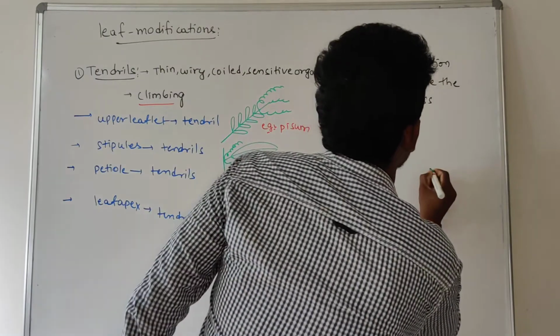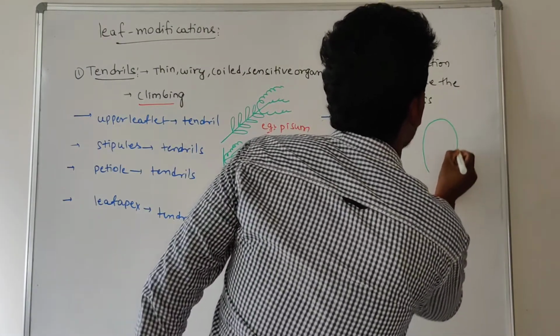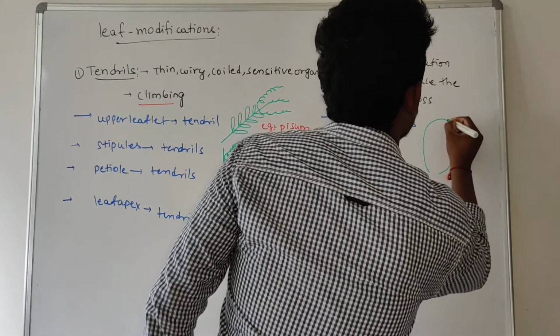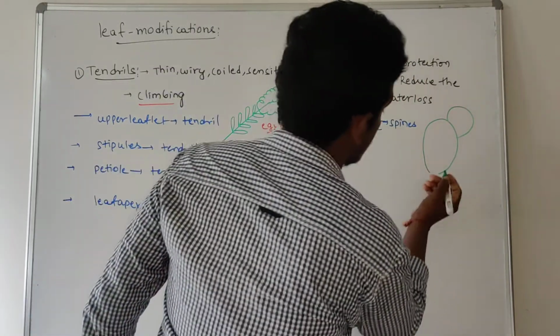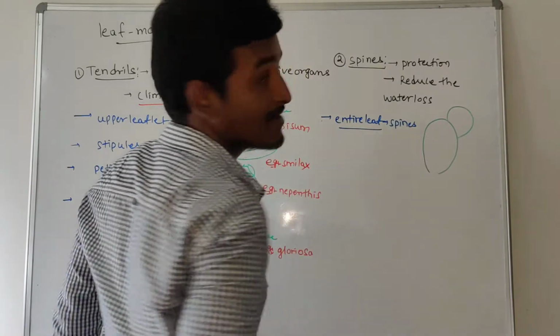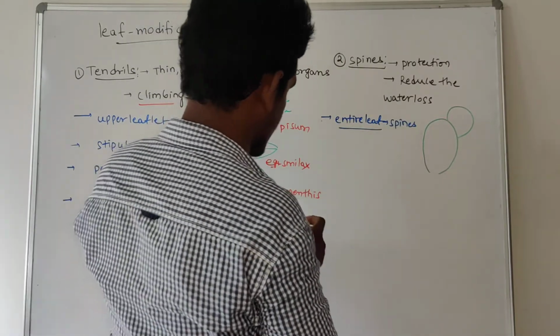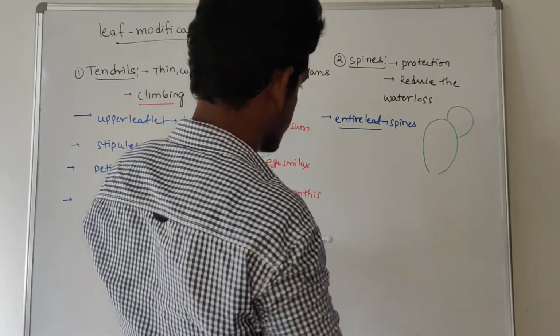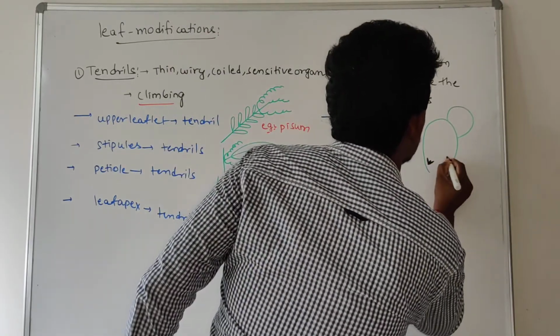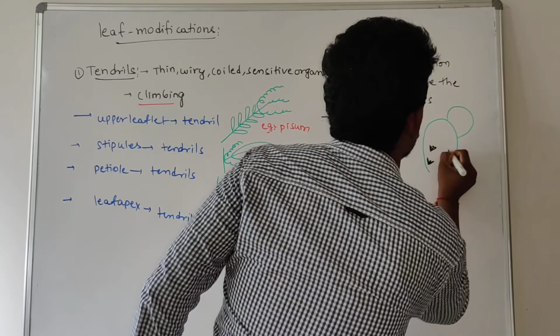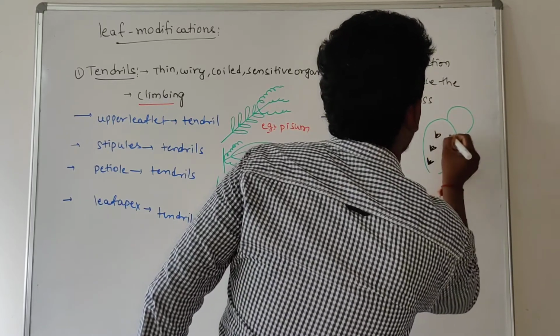See, it is about a stem. It is a phylloclade, right? Here the stem is modified into a green flattened structure. Here the leaves are modified into what? Those are modified into spines.